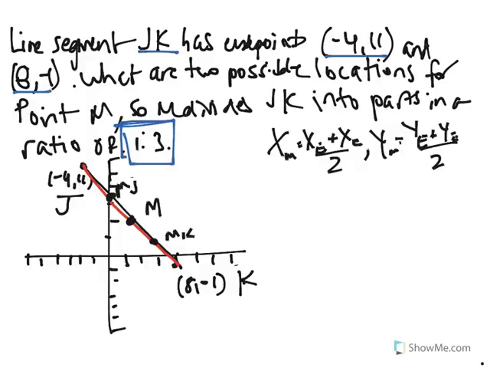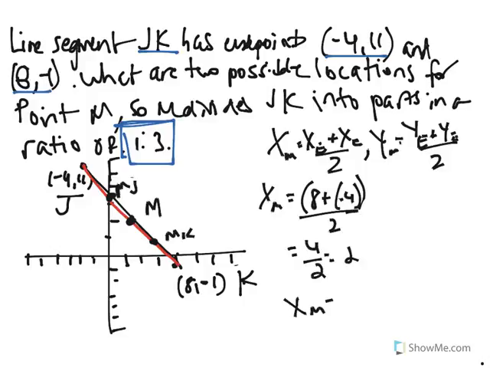X midpoint equals 8 plus -4 all over 2, which gives me 4 over 2, equals 2. So X midpoint equals 2.